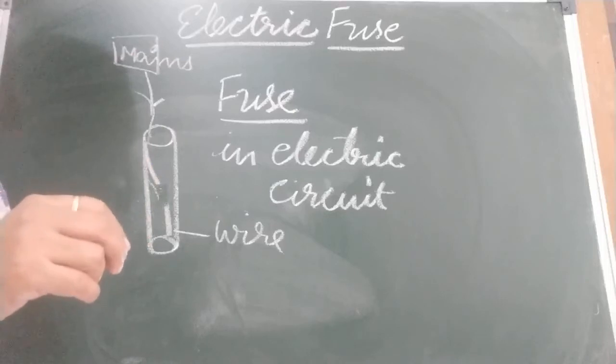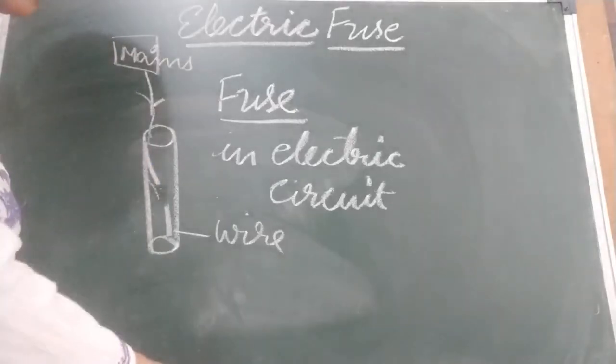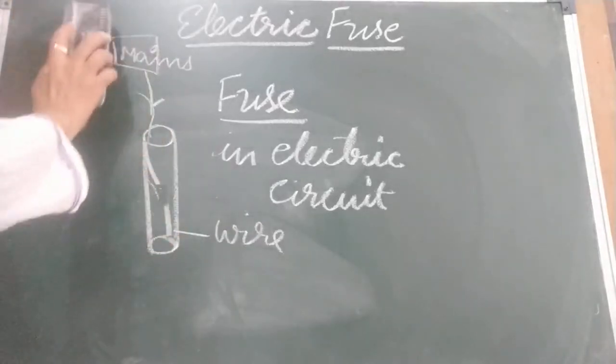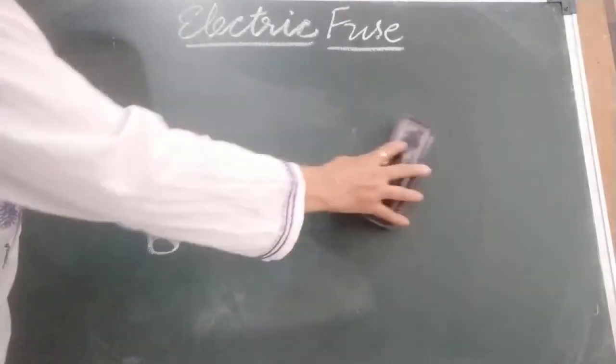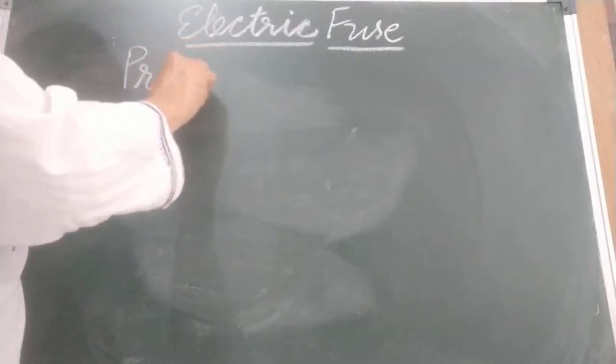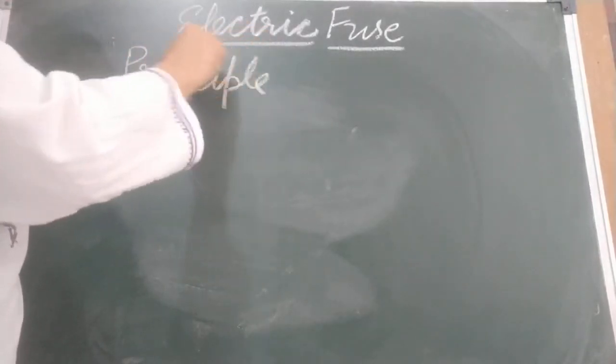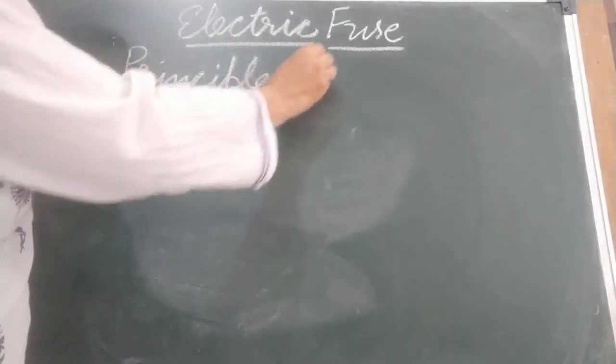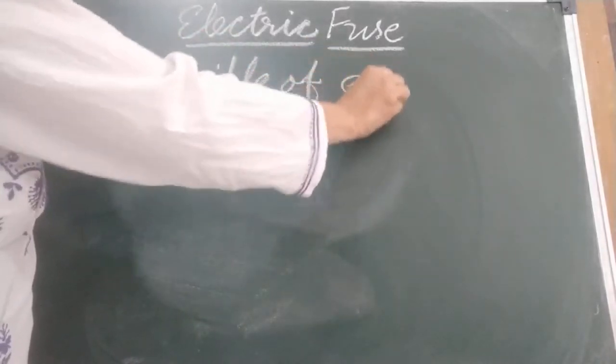Clear, children? Now we are going to discuss the principle of the electric fuse. It works on what? The principle I told you. Again I am telling you the principle.